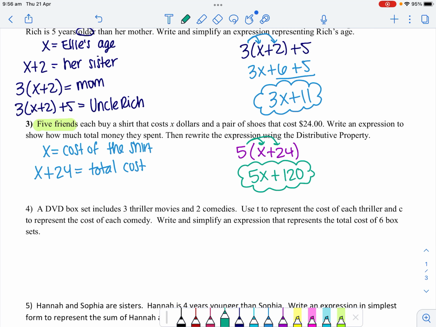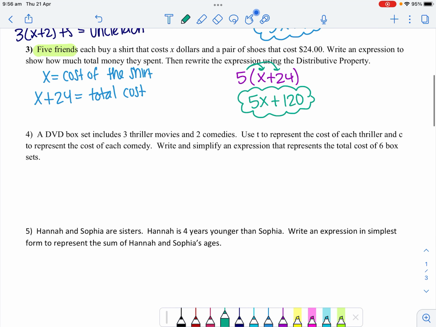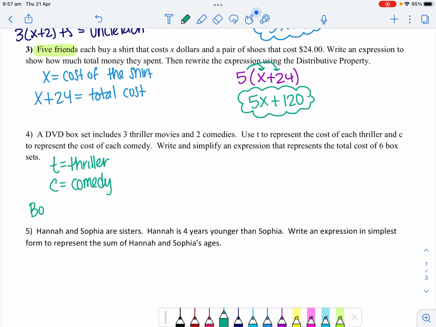Number 4 says a DVD box set includes 3 thrillers and 2 comedies. Use T to represent the cost of the thriller. So T is going to be the thriller. And C is going to represent the comedy. So my expression for the box is going to be 3 times the thrillers plus 2 times the comedies.